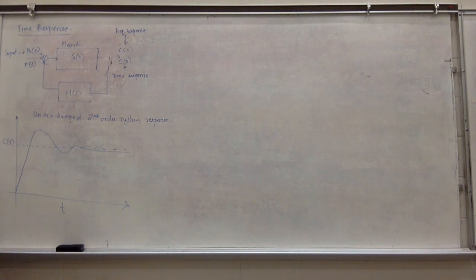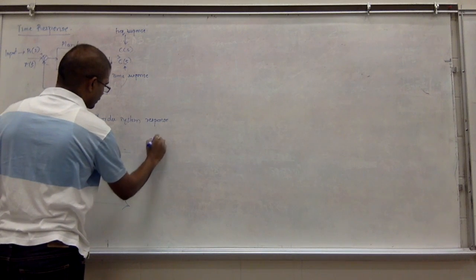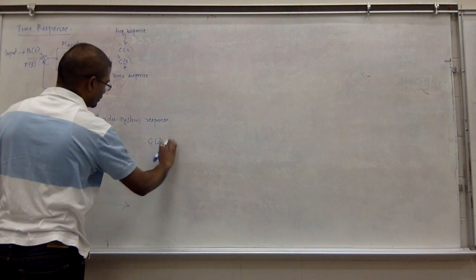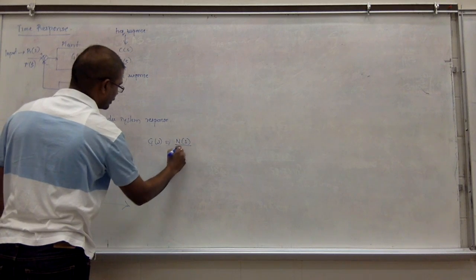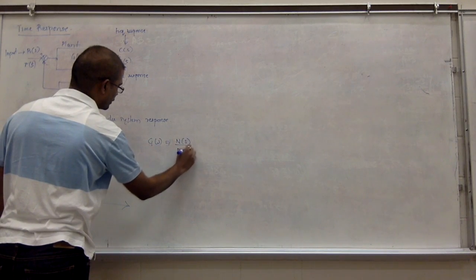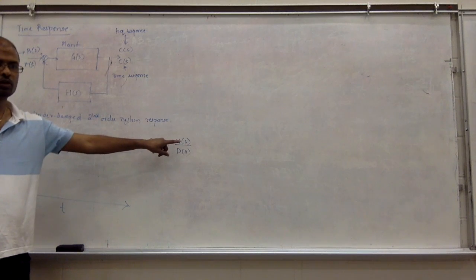So here, this G of S is generally expressed as N of S divided by D of S. N of S is simply the numerator as a function of frequency.